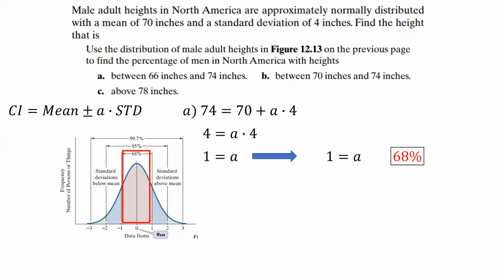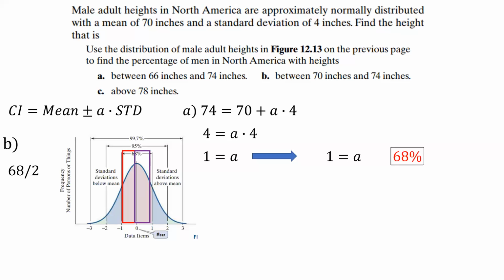So now part B tells me I want to find the percentage of men that fall between 70 inches and 74 inches. And so 70 inches is my mean. So I know that part of my data is going to be right on the mean. So I'm 0 standard deviations below my mean on the bottom end. And then I also know from part A that 74 is 1 standard deviation above the mean.